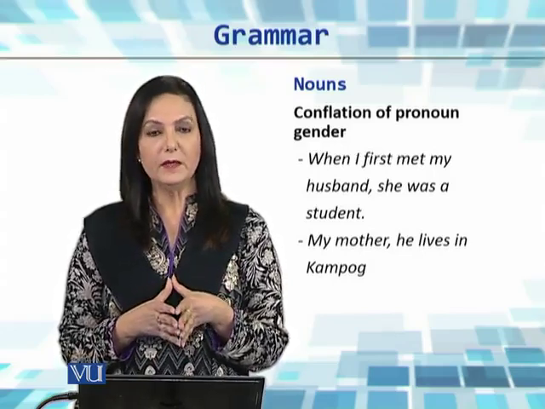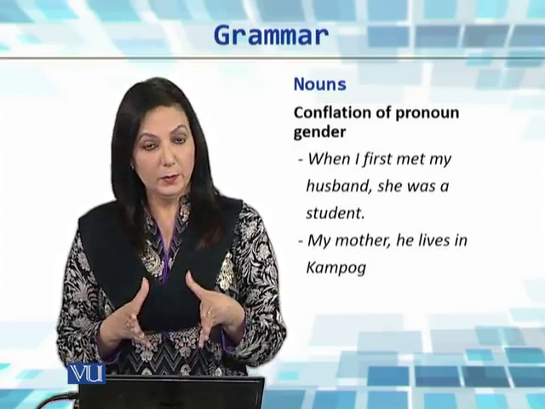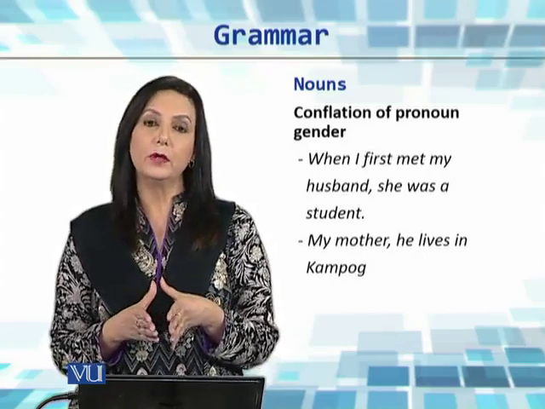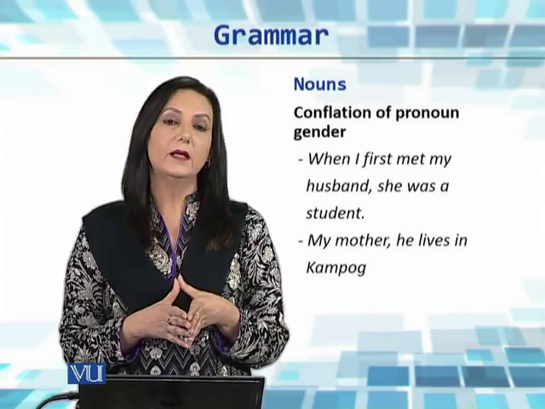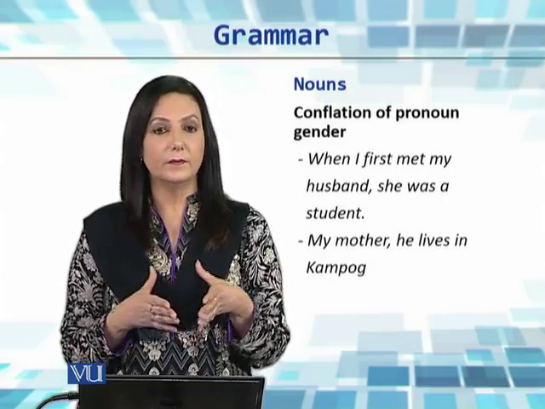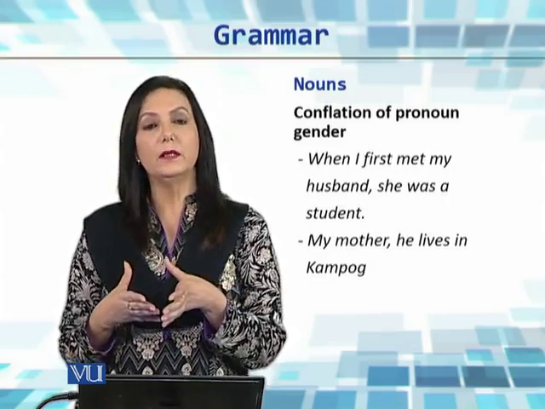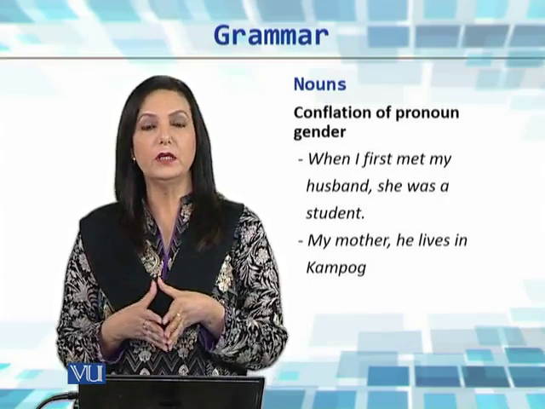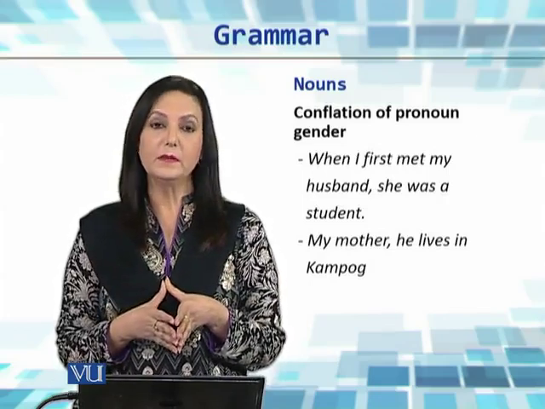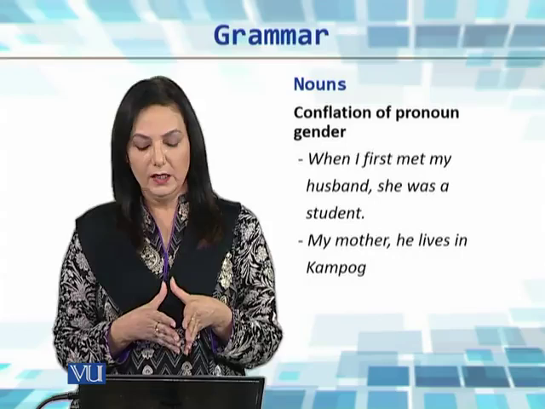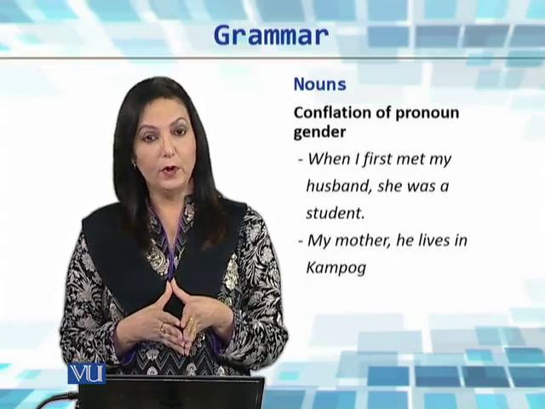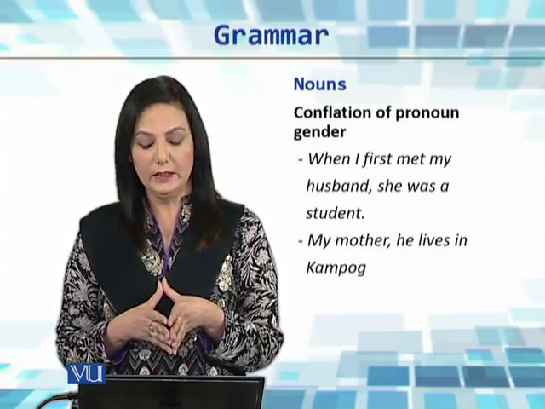So, when I first met my husband, she was a student. Although the pronoun she refers to the husband, the speaker has confused it with the female pronoun and used she instead of he. Similarly, my mother, he lives in Kampong. This is an example from Malaysian English.